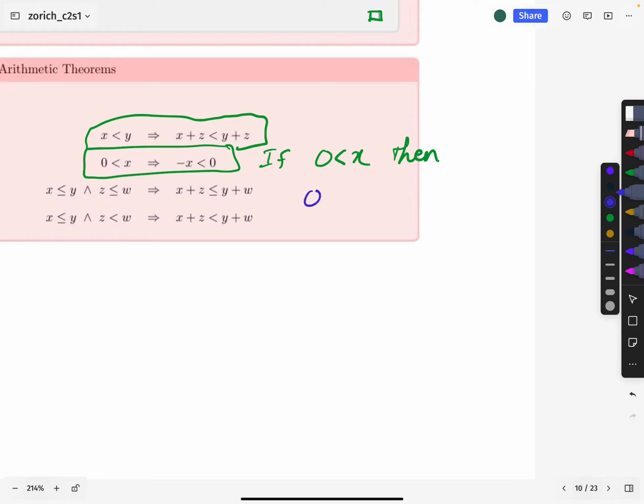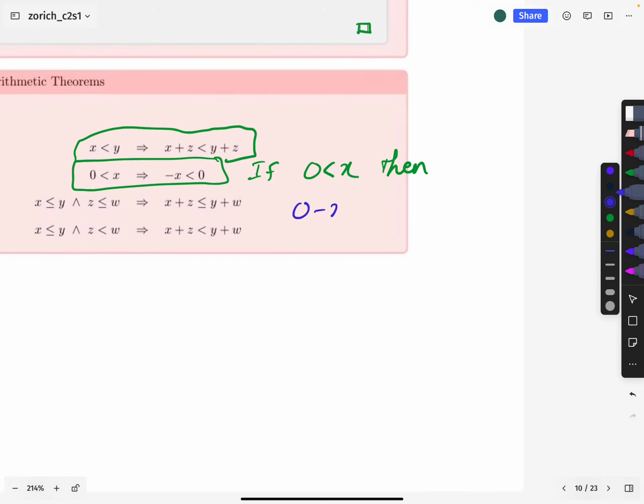Then I get, from the principle of the earlier part of this theorem, that 0 minus x is less than x minus x. But 0 plus anything is that thing, so in particular this simplifies to negative x, and this simplifies to 0, and we're done. So that is basically the proof.